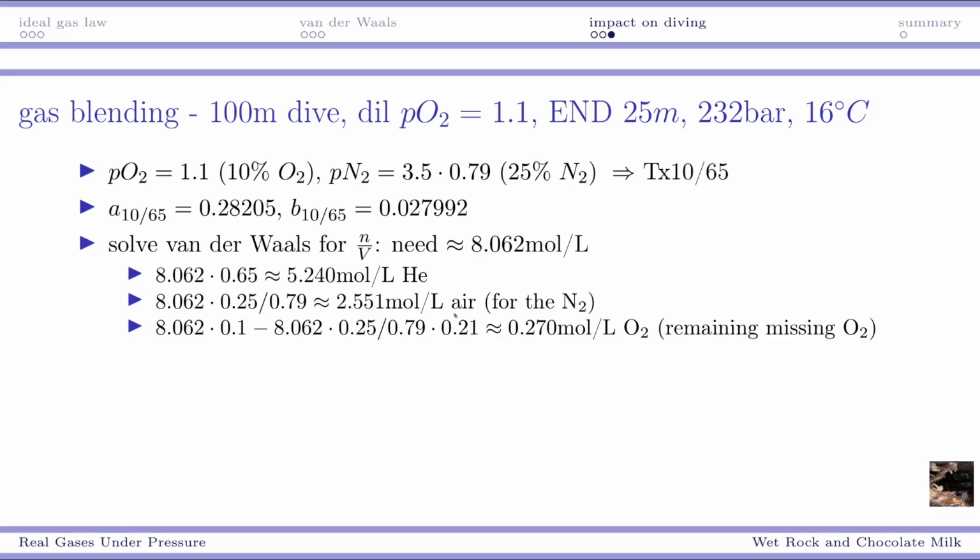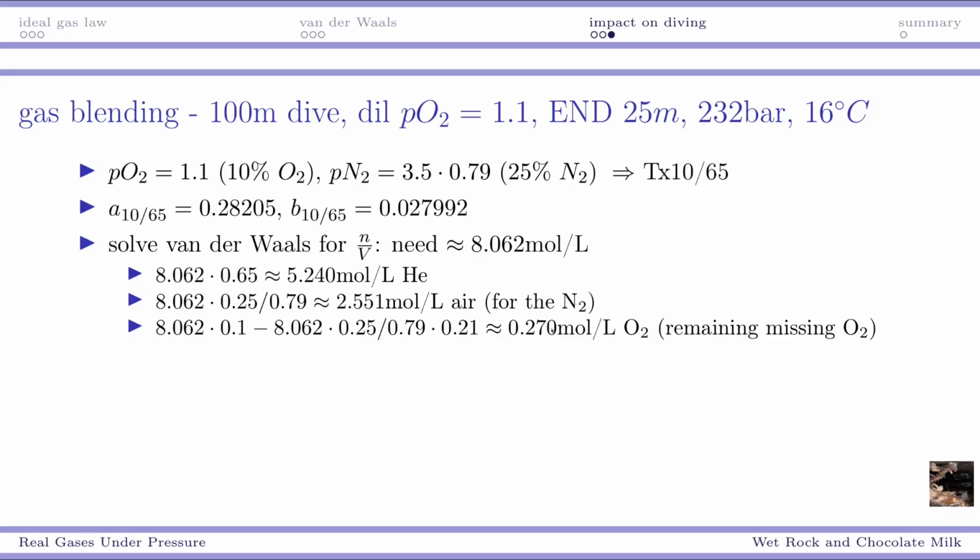filled in the cylinder. And the rest, which is 8.062 times 0.1, is to be filled up with oxygen. But we've already put some oxygen into the mix because we've filled with air here. So we don't need the full 8.062 times 0.1 because we've already filled 8.062 times 0.25 divided by 0.79 times the fraction 0.21 of oxygen through the air fill.